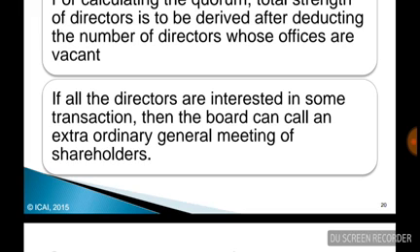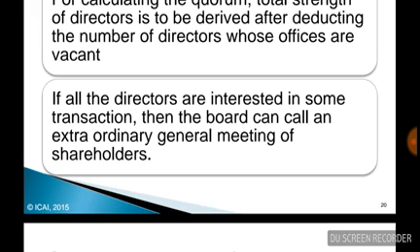Sorry, he may not have all these interests when he is appointed as a director, but after he has been appointed, he became an interested director. That is, after becoming a director, he purchased 2% of the voting power, 2% of shares in another company. Then the interested director has to disclose this fact in the first board meeting held after he has become the interested director.